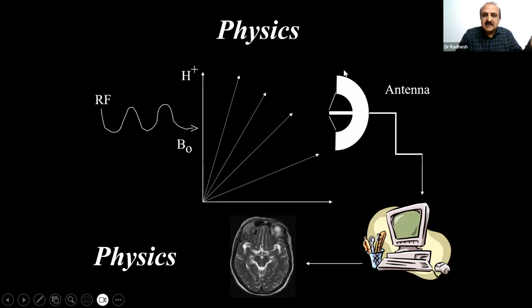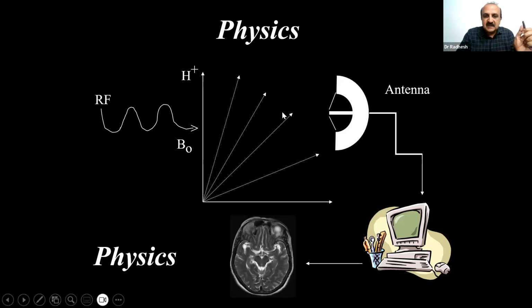So this antenna which is there in the MR picks up these signals, and these signals are then sent to the computer where a complex mathematical analysis takes place, what we call the Fourier transform, meaning the signal which the antenna receives is converted into a mathematical equation, which in turn the computer assigns a gray shade to each of the points.